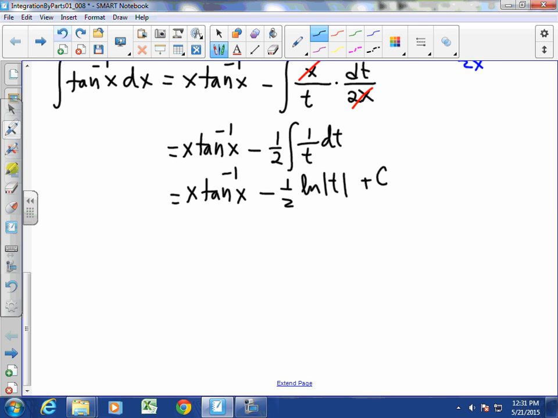But we don't want t in our final result, so x tangent inverse of x minus 1/2 ln of 1 plus x squared plus constant. See that I dropped the absolute value because 1 plus x squared is always positive, which is good for ln.